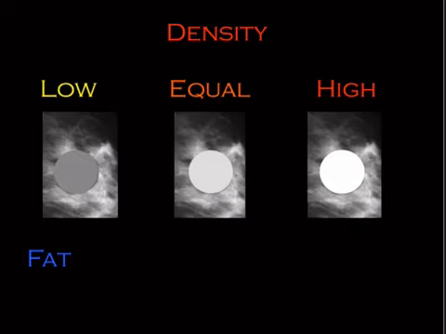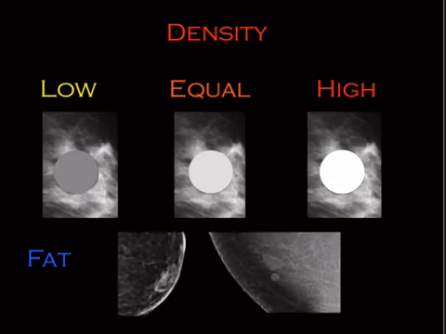Now there's several fat-containing lesions, all of which are benign. The classic differential is a lymph node, hamartoma, galactocele, which is only going to be seen in a lactating patient, an oil cyst or fat necrosis, and a lipoma. So this is a hamartoma here, and this would be some fat necrosis.